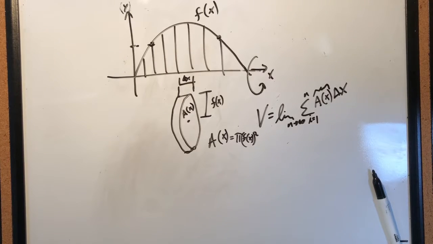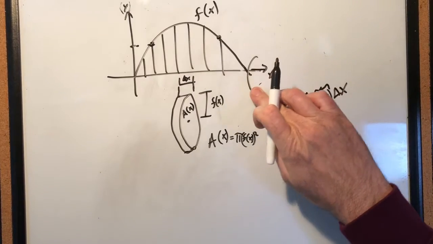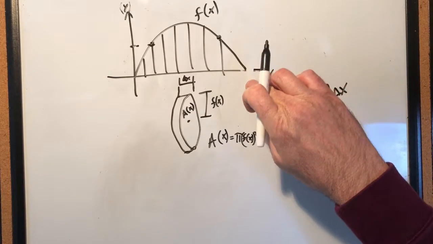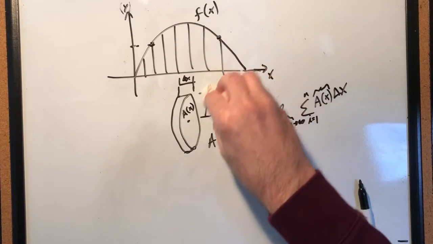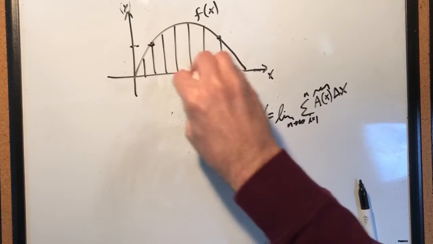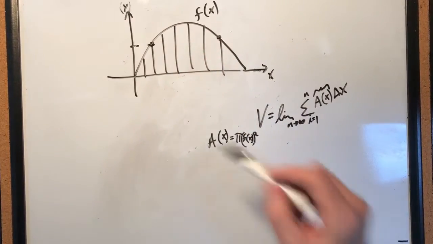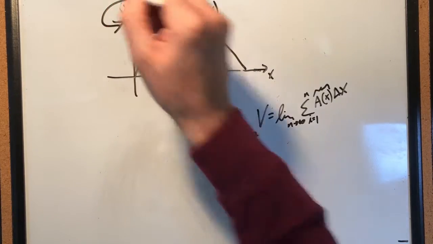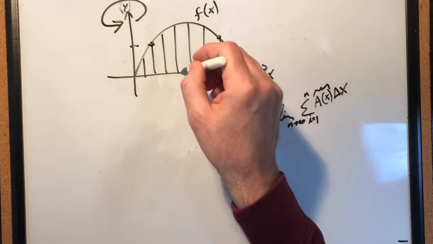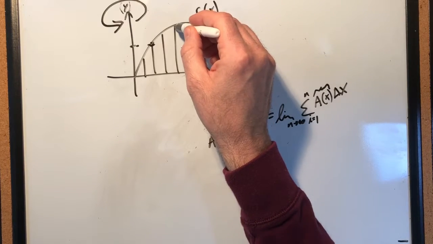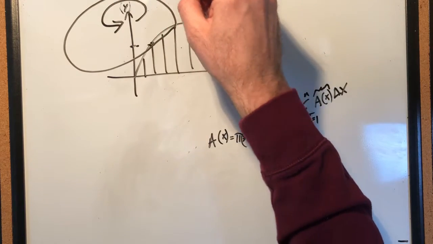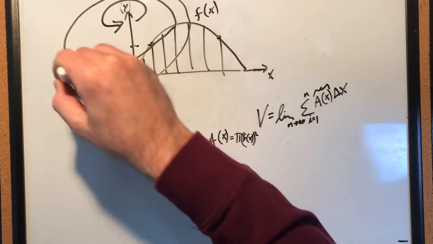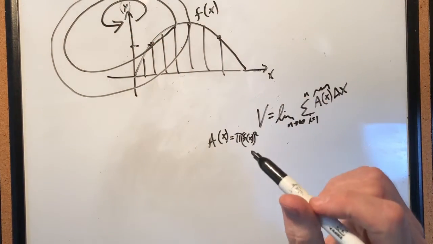But now if we're talking about cylindrical shells, we are no longer talking about rotating around the x-axis, typically. We are talking about rotating around the y-axis, and we're having something that looks like this. So we're going to go around this way. Okay, and so what do we get then? If we take this as our area, we're going to get some sort of donut-y shape coming out and going around. Ugh, that's horrible.